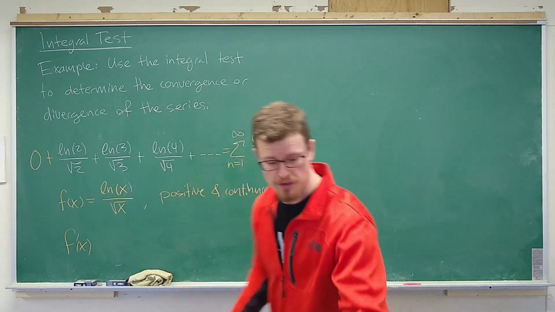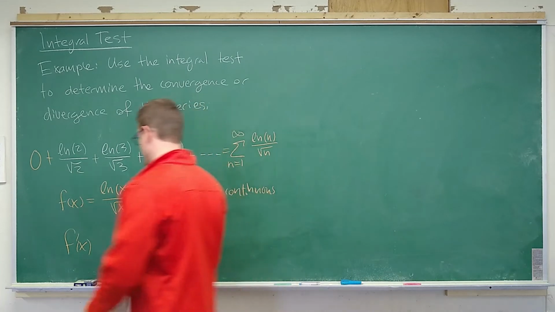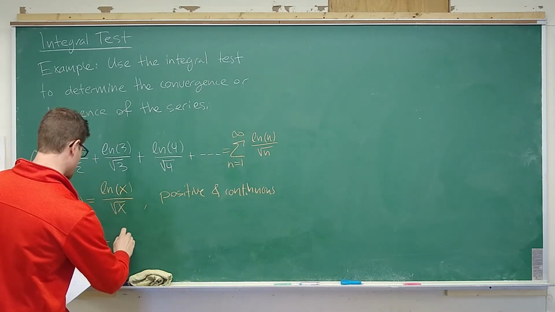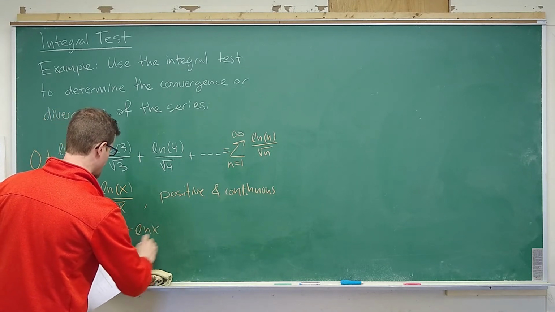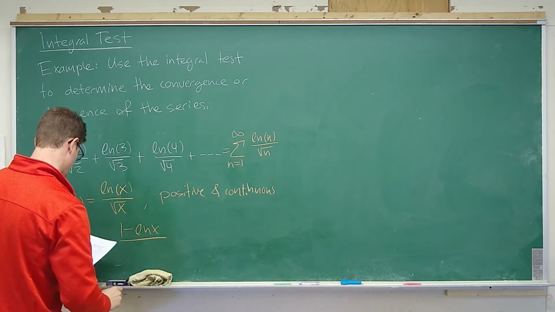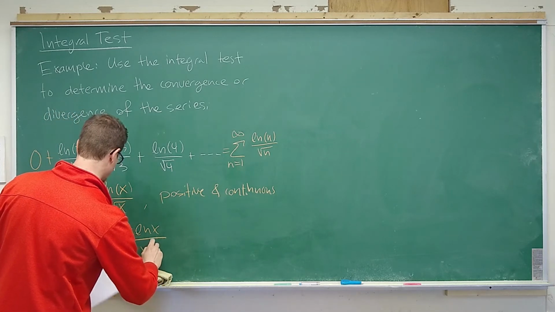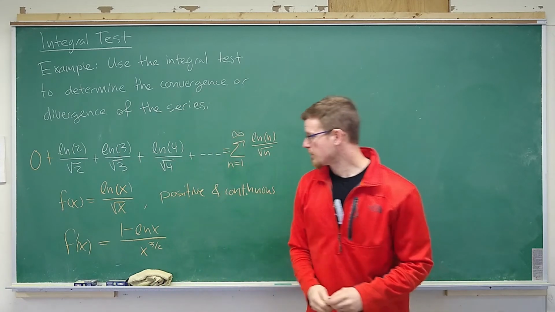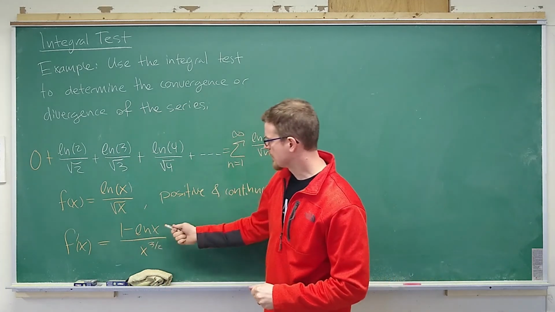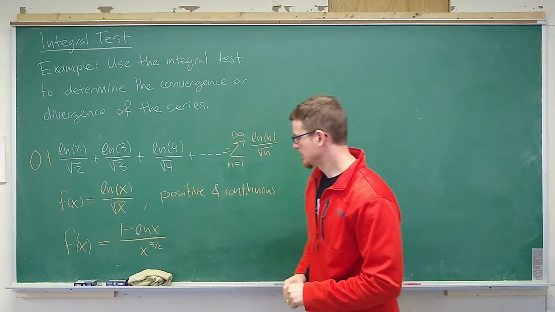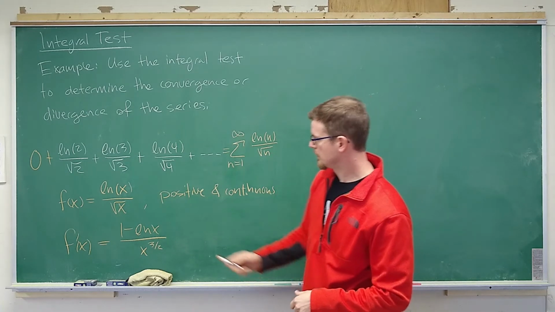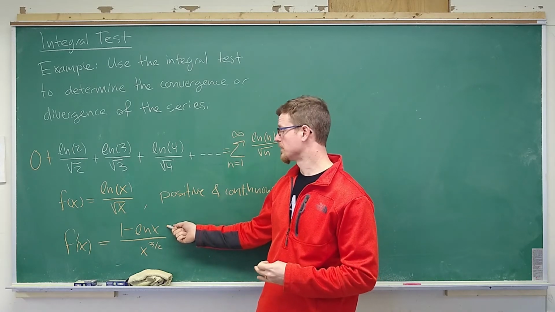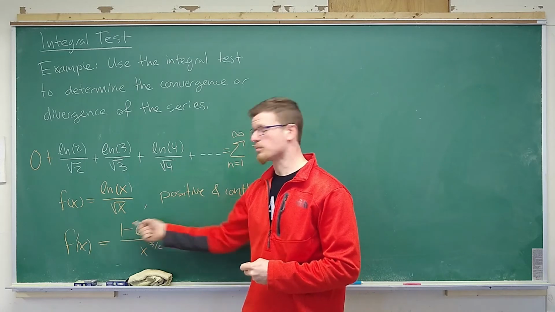I can't figure that one out off the top of my head, but I did find it out already, so feel free to confirm that the derivative is 1 minus the natural log of x divided by x to the 3 halves. Now, 1 minus natural log of x looks pretty good, only when you get to the natural log of e, then it's 1 minus 1.